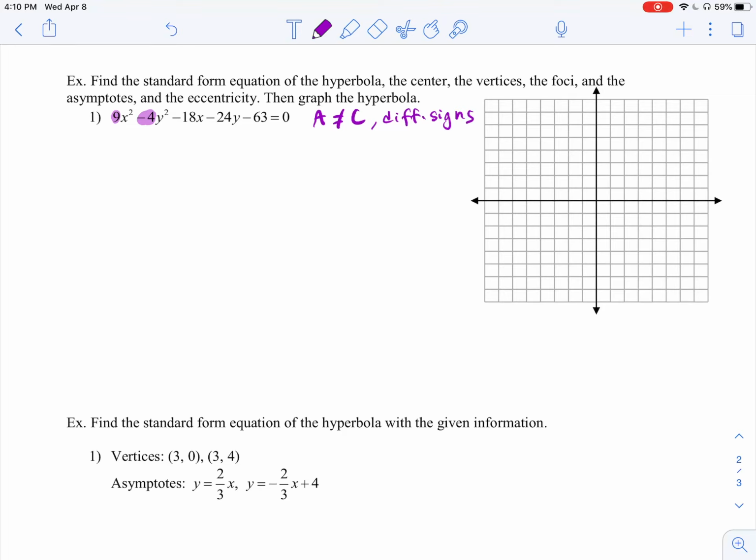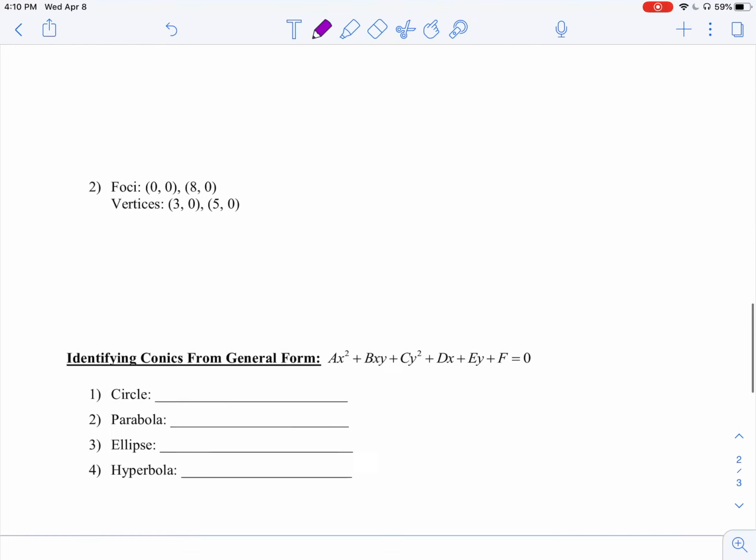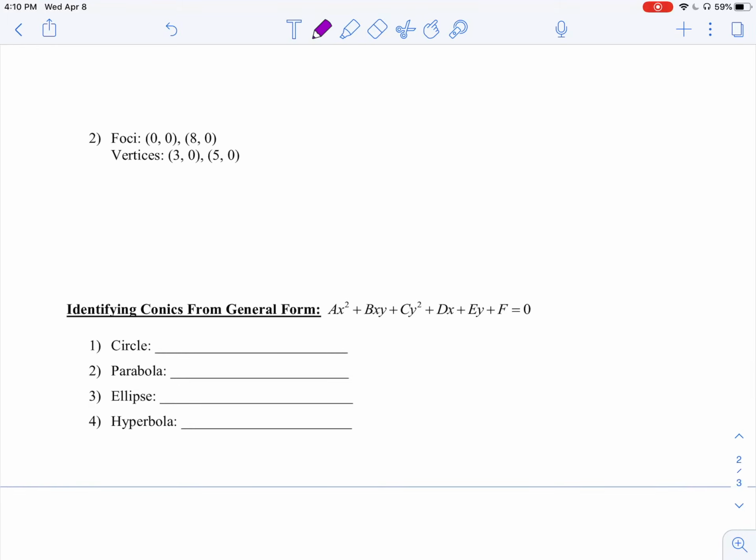Now, I was going to do this at the end of this lesson, but might as well take care of it here. Just to remember, how can we see what type of conic section we're dealing with? When our A and C values are exactly the same, then we know it's a circle, because when we divide out A and C, we're going to get the same value, 1 in the denominator.